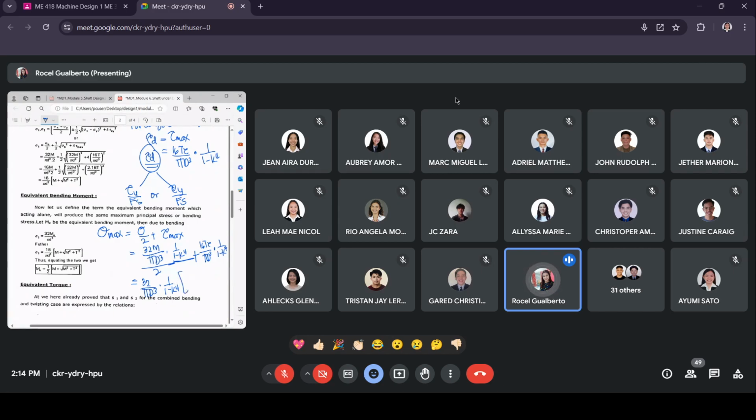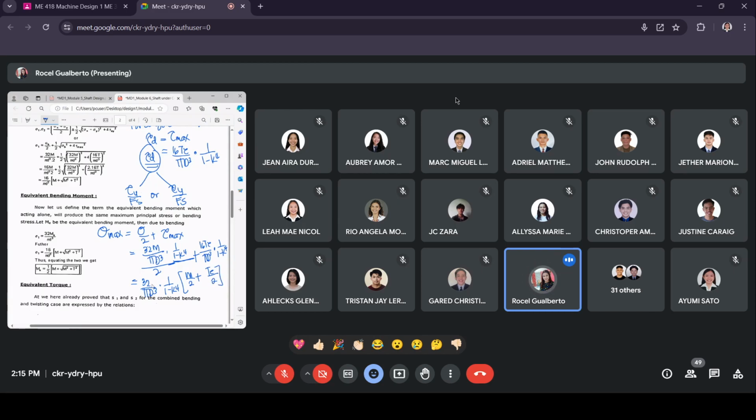So what is left here: 32 over pi d cubed is what we extracted. What is missing is simply M over 2. So this is M over 2 plus, since we extracted pi d cubed and the hollow factor, what is left is 16TE. But this is 32, so to provide there 16, that would be TE divided by 2.